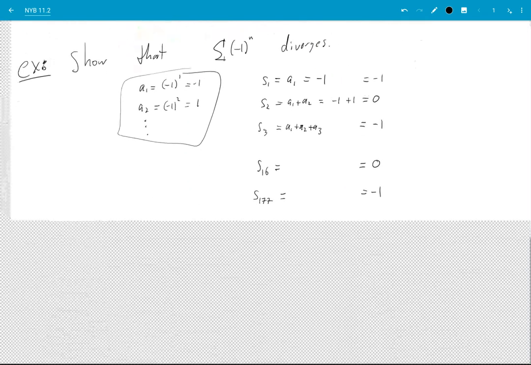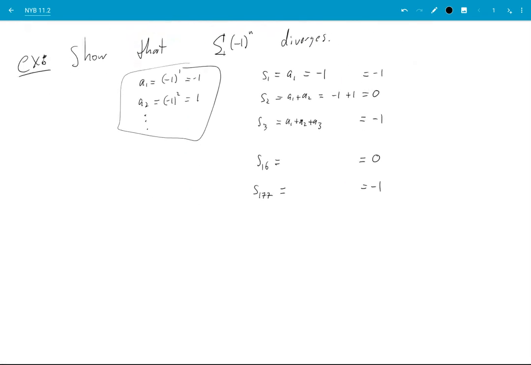So what do we say about the sequence? Okay, so the sequence Sn is the sequence -1, 0, -1, 0, -1, 0, -1, 0. Now, is the sequence approaching anything? No, it's not.